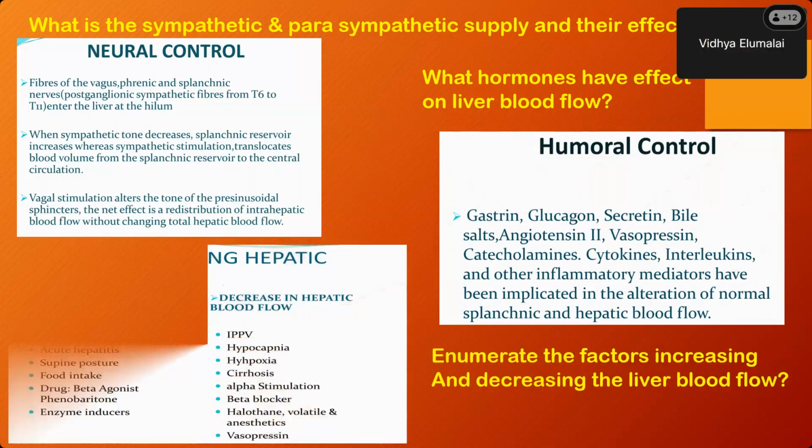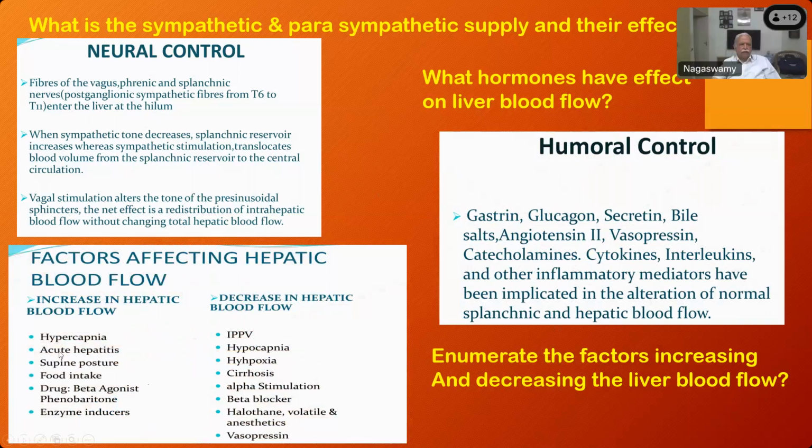There are several things. Increase in blood flow can be because of hypercapnia, acute hepatitis, supine posture, food intake. As I said earlier, only postprandial it will increase the blood flow, and drugs like beta agonists and phenobarbital, which are enzyme inducers, all these things cause increase in the blood flow.